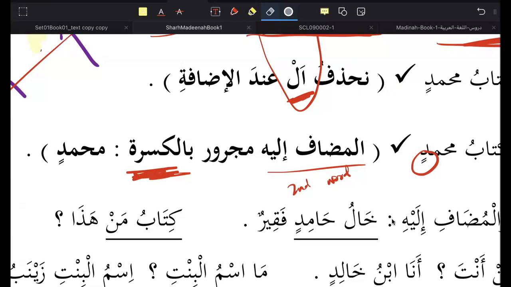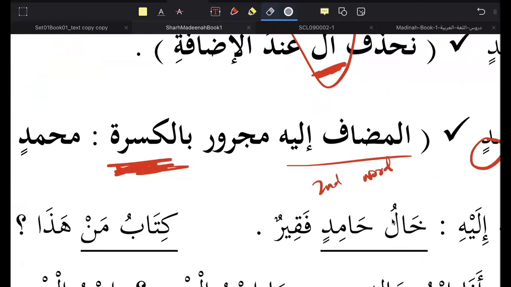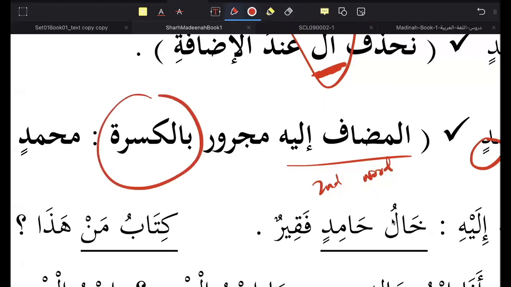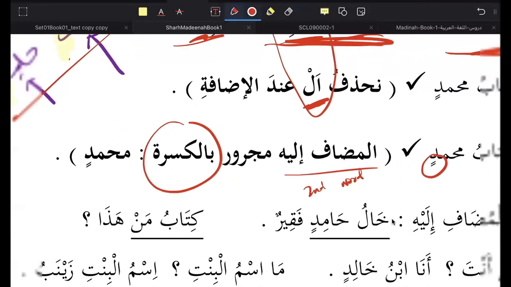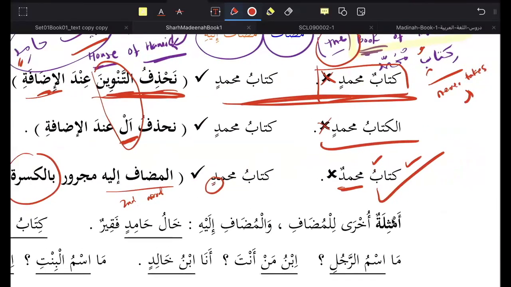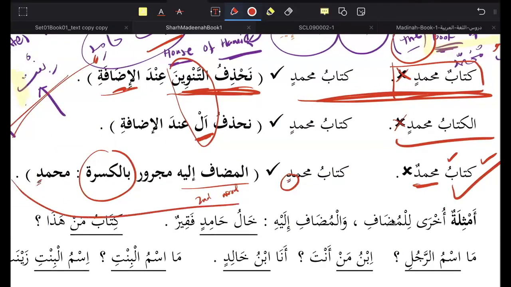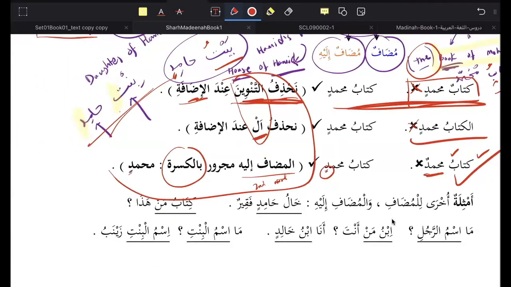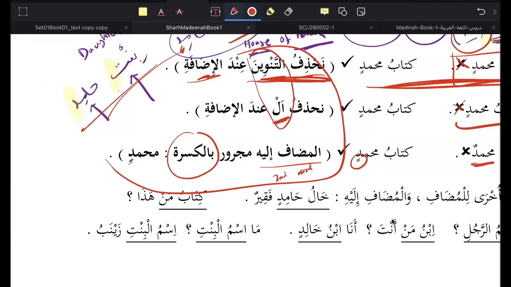And I'll give you handouts. But the main thing right now, think about that the second word, mudaf ilayhi, it needs to be a kasra. So you don't say Muhammadun, you say Muhammadin. Makes sense. So these are the main primary three rules you have to know. First word, no tanween, no alif lam. Second word, kasra, you have idafa.